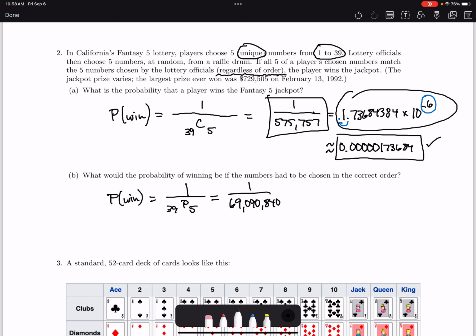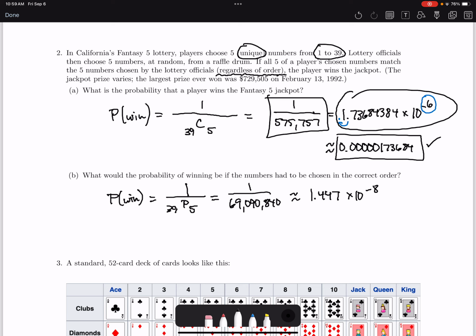So let's see, this would be 1 over 69,090,840. That comes out to 1.447. Let's just round. We'll say it's approximately 1.447 times 10 to the negative 8.